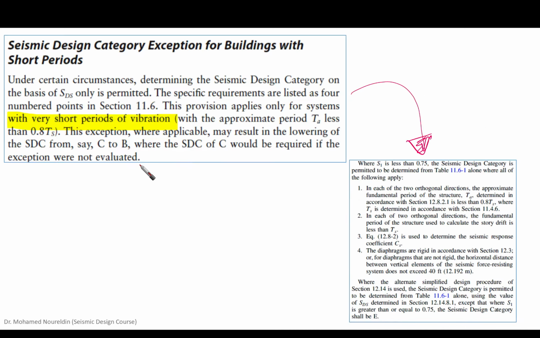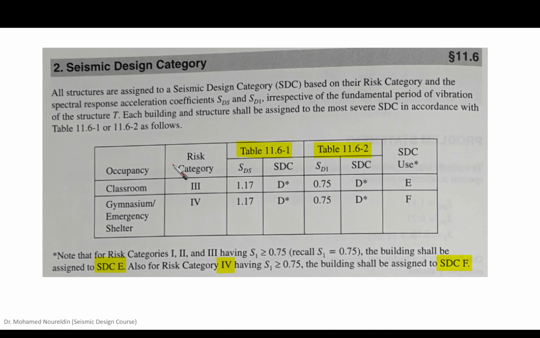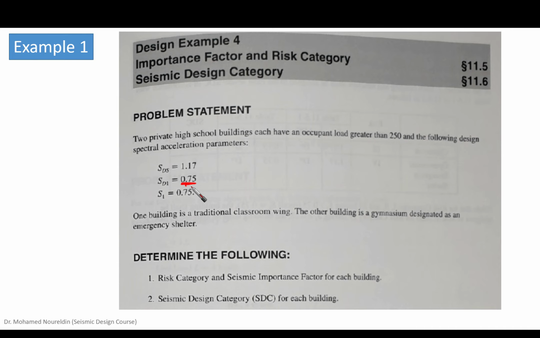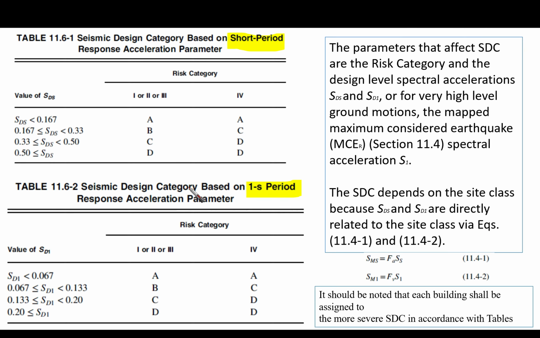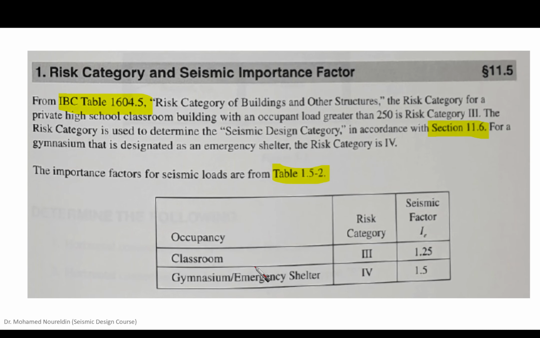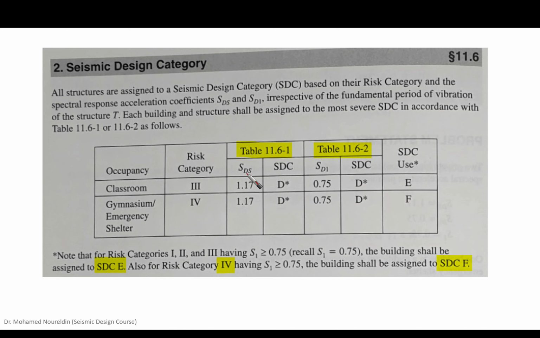And for SD1, it was 0.75, so let's visit the table and see SD1 is 0.75, so we are higher, we are D. So we have SDS 1.17, it is D, and SD1 is 0.75, so it is D. So we should say it is D, right?